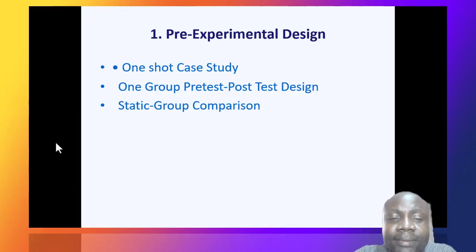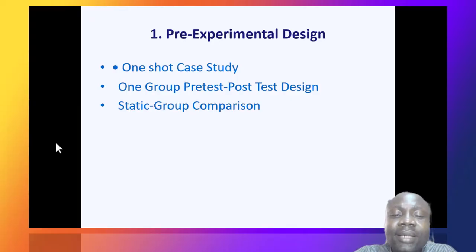Then we have another one in the pre-experimental design: the one group pre-test, post-test design. In this design, there's just one group, and that group is pre-tested.